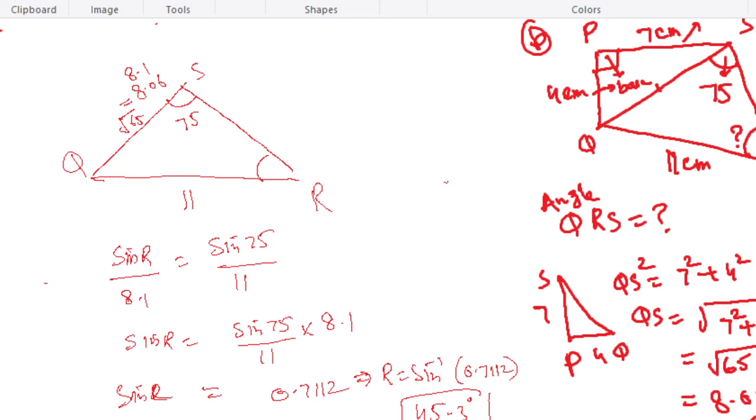That's the question of bearing and trigonometry.